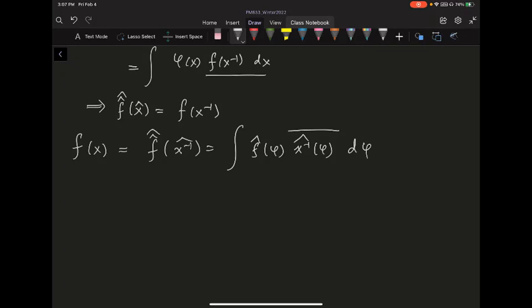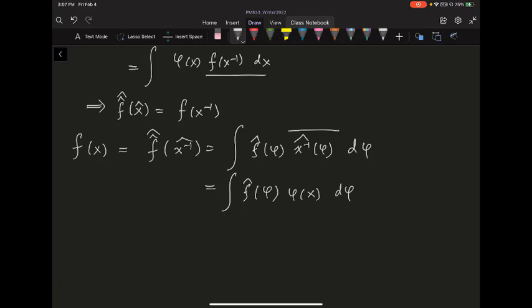This is the usual Fourier transform evaluated at X inverse hat, which is essentially evaluating at X inverse. So this equals the integral of F hat of phi times phi of X, the whole thing conjugate, d phi. And that's just the inverse Fourier transform you're familiar with.